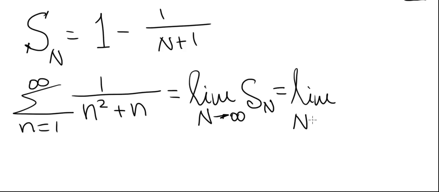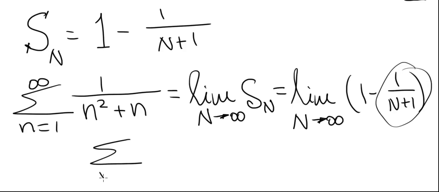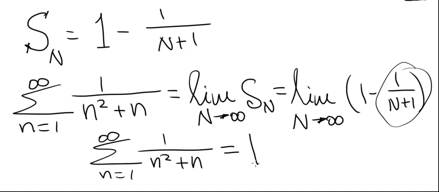That's the limit as n goes to infinity of 1 minus 1 over n plus 1. Clearly this limit goes to 1 because this goes to 0, and so we have found that the series from 1 to infinity of 1 divided by n squared plus n, not only do we know that it converges, we know that it converges to 1.